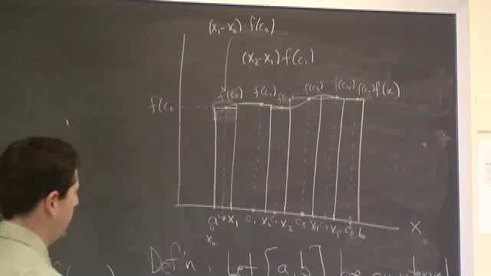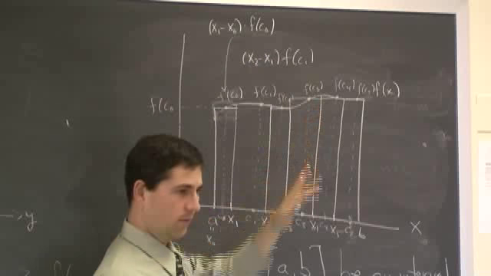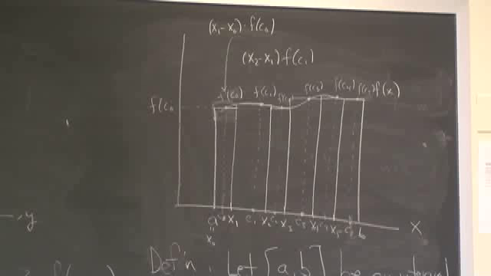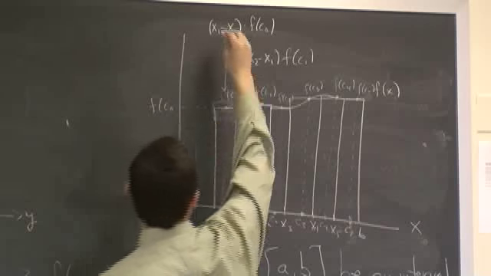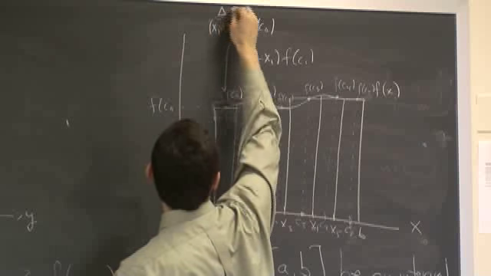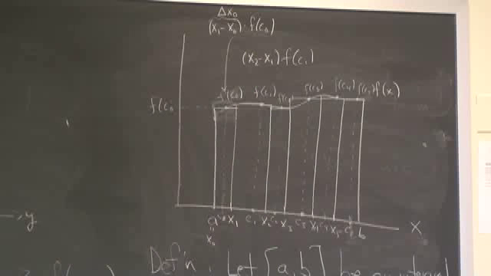Okay. Now, we get tired of writing this whole x1 minus x0, x2 minus x1, and so forth. So we give a special name to the width of each of these intervals. I'm going to call this width delta x0. Okay, so delta, remember, means change. Okay, so in this case, it's meaning the change from x0. Okay.